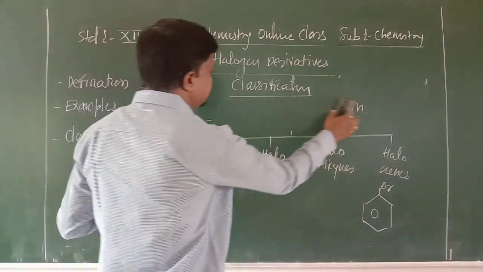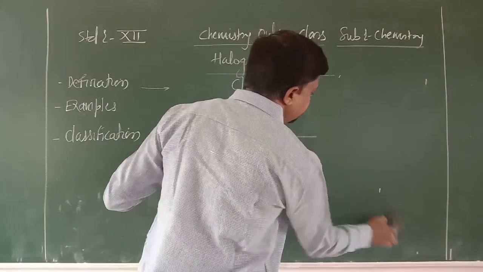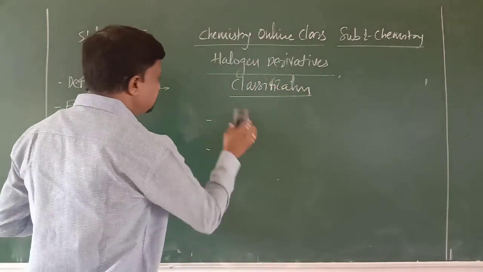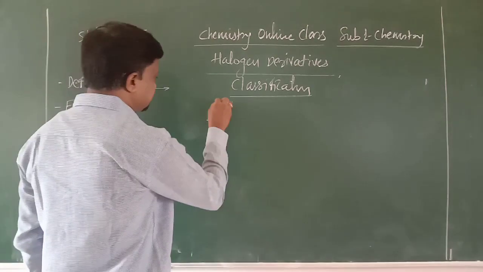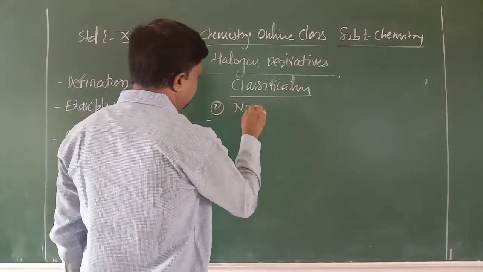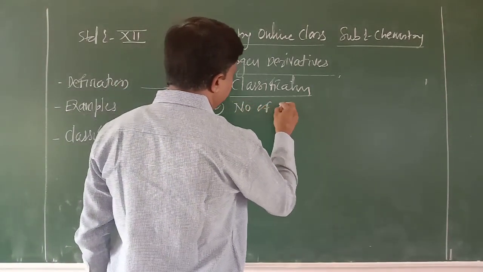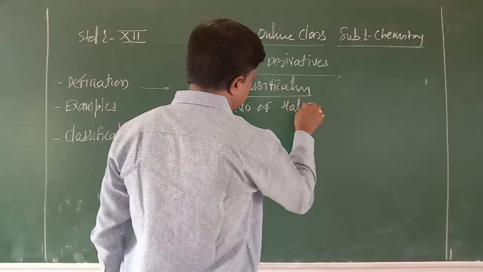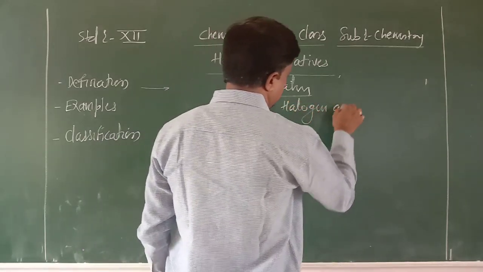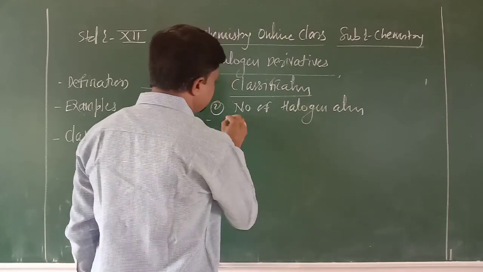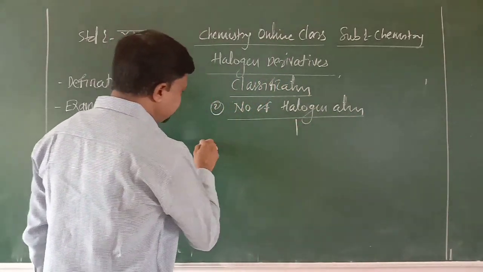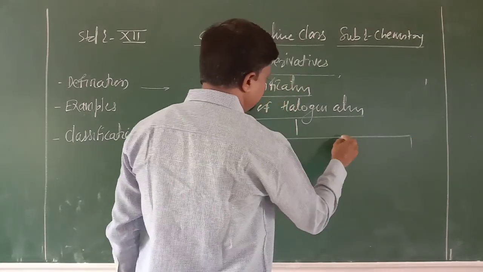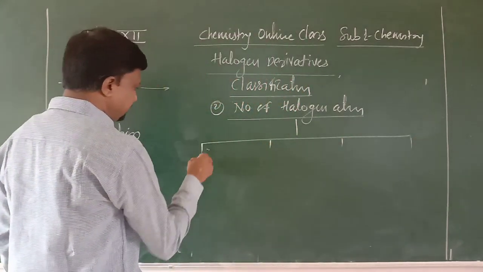The second way of classification of halogen derivatives is according to the number of halogen atoms present in the compound. According to that, the halogen derivatives are classified into four main types.